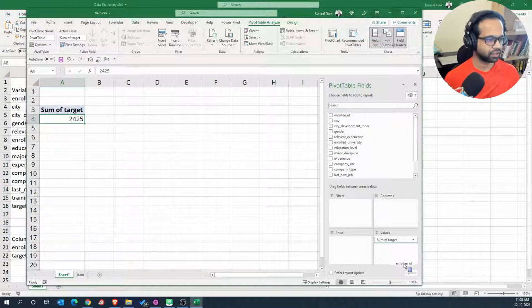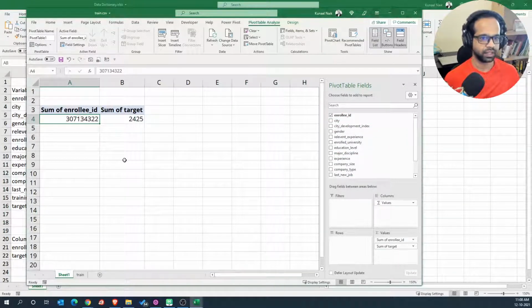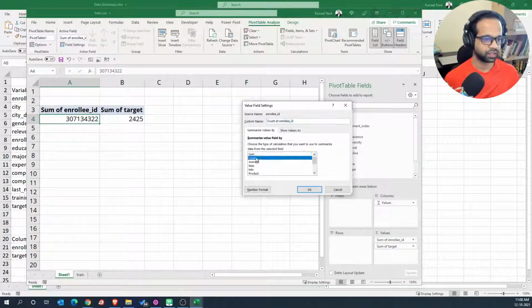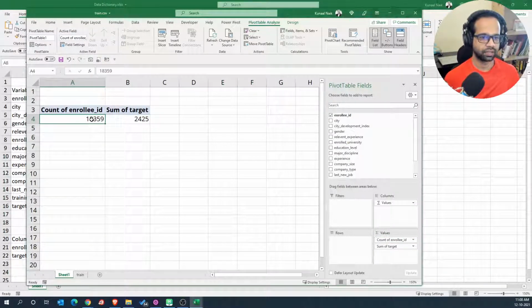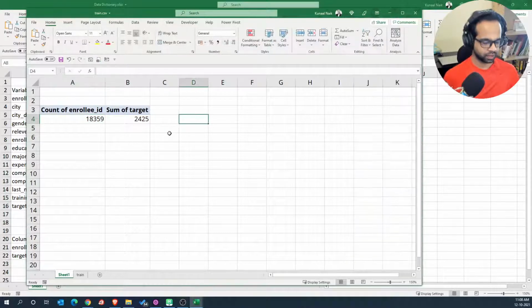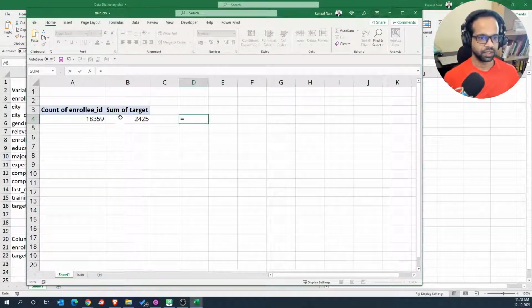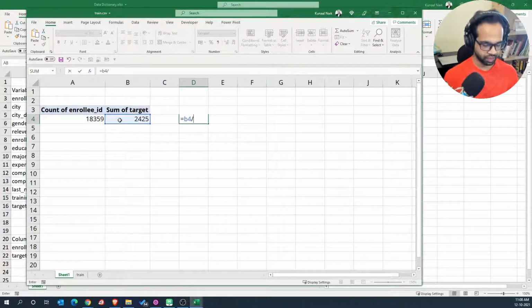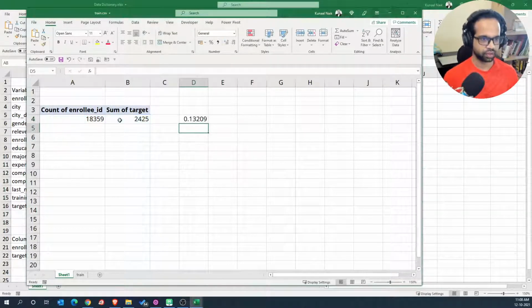And if I just get the count of people within the data set, with value field settings and count, I have 18,000 people. If I take the percentage, it will be B4 divided by A4, and that's 13%.